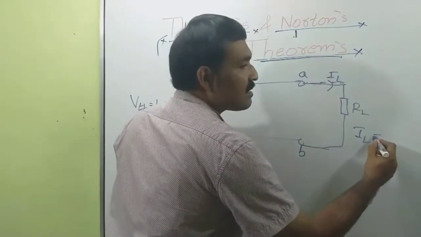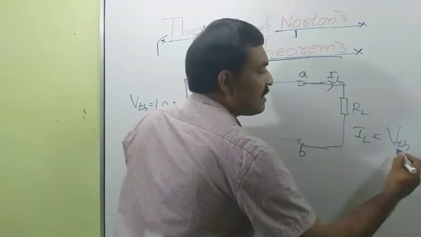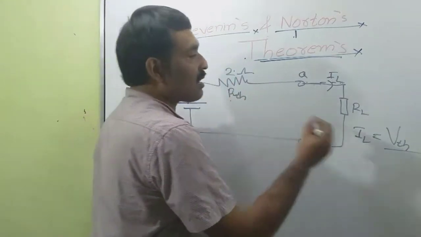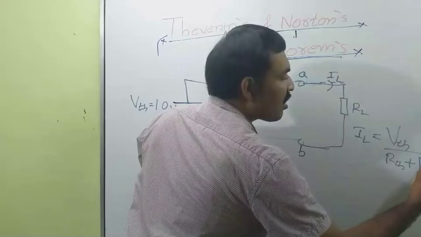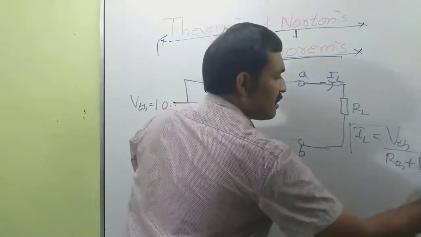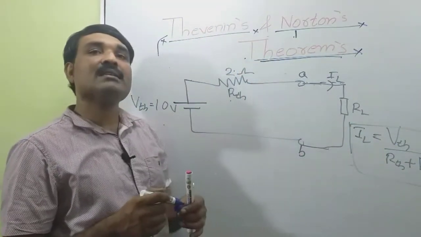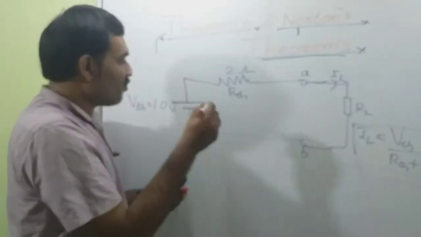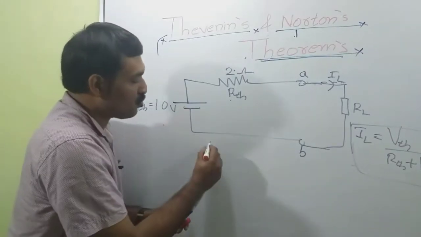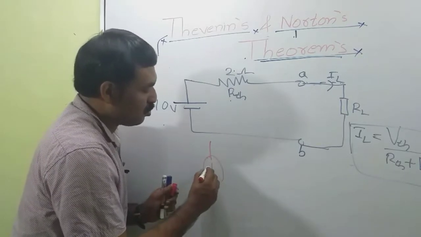IL is equal to VTH divided by RTH plus RL, the load resistance. Okay, now we can similarly obtain the Norton's equivalent circuit from this figure. So we are replacing this voltage source by a current source.